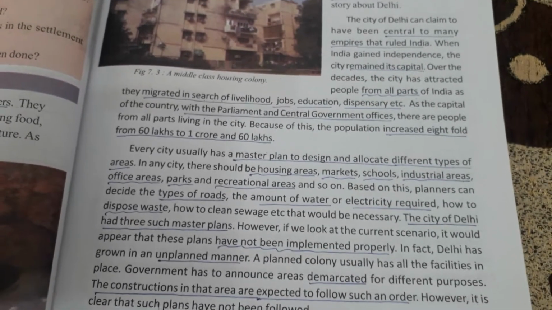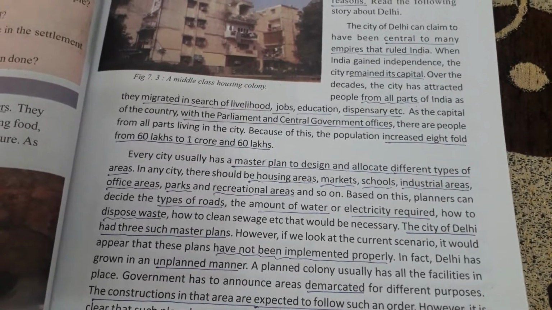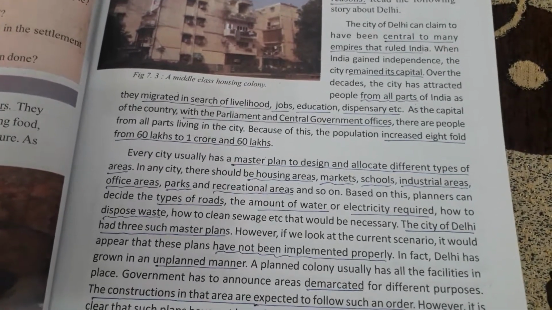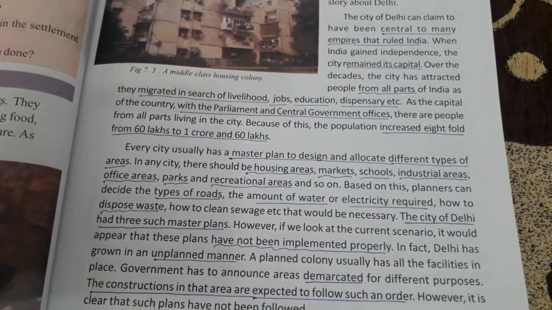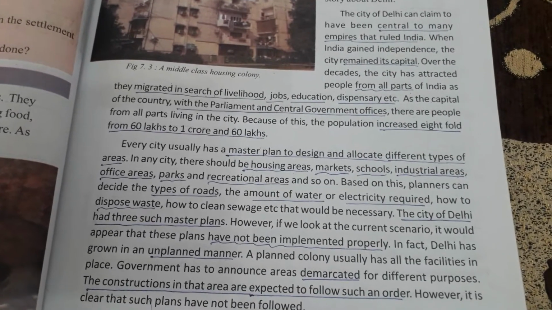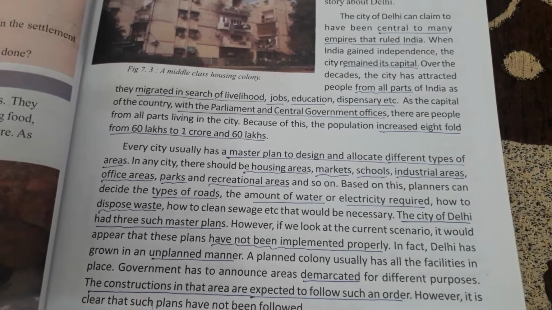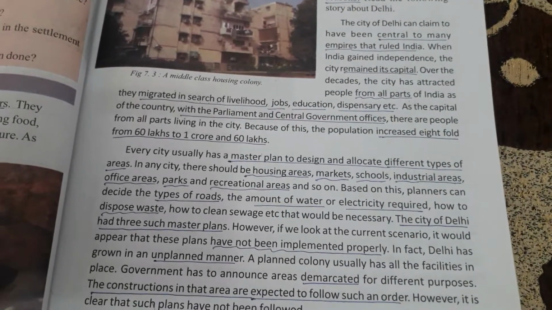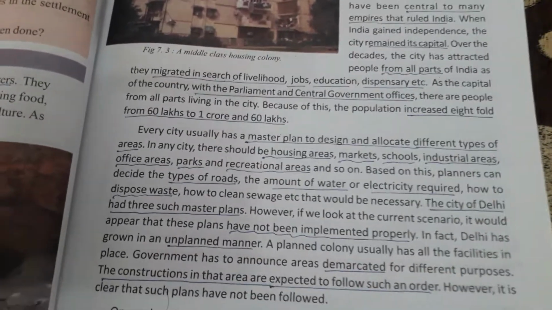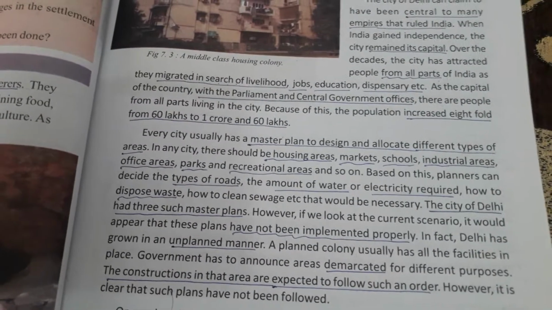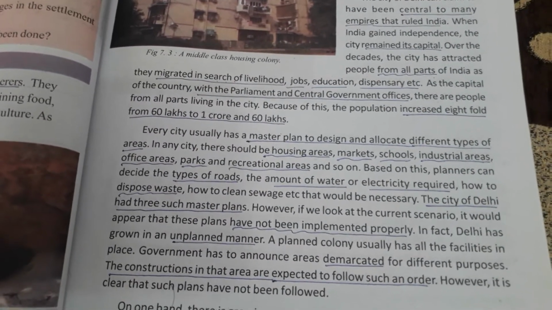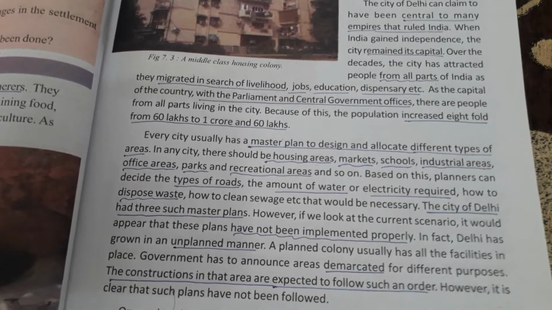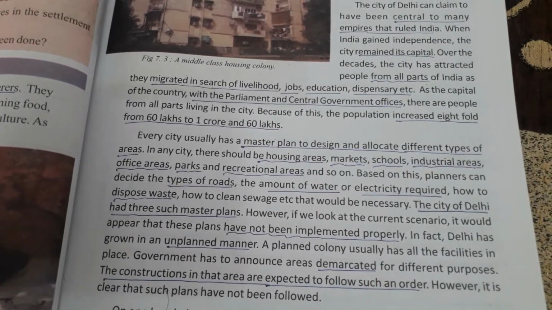A planned colony usually has all the facilities in place. So the government has to announce areas demarcated for different purposes. Already we discussed, for housing, for markets, for schools, like that. They will provide a particular place for a particular purpose. So the constructions in those areas are expected to follow such an order.